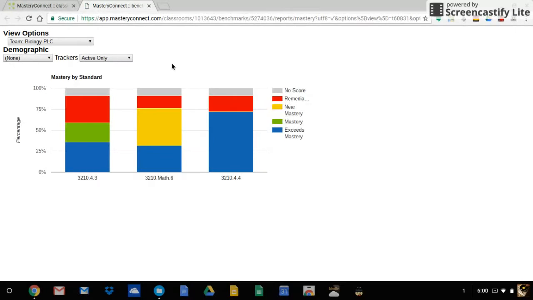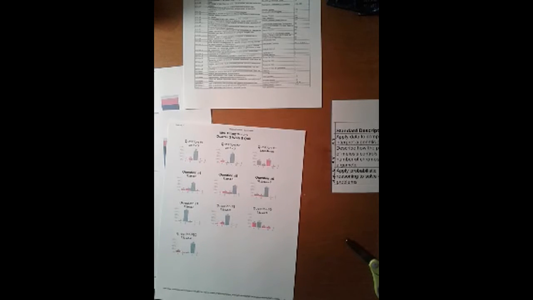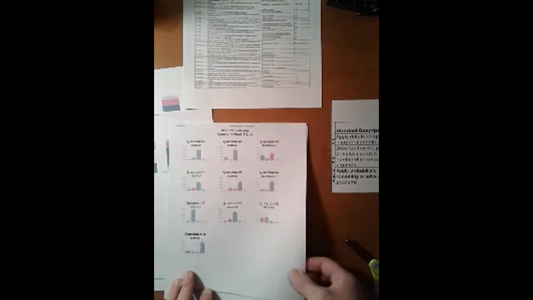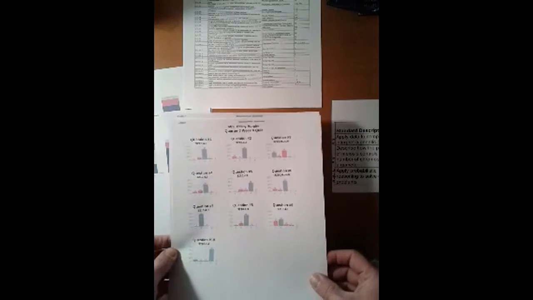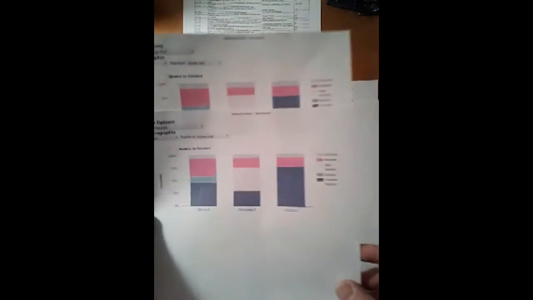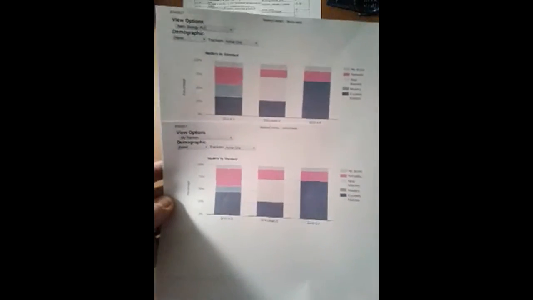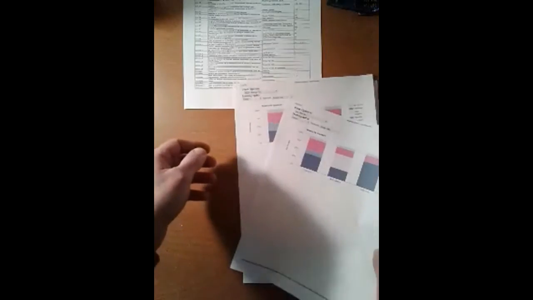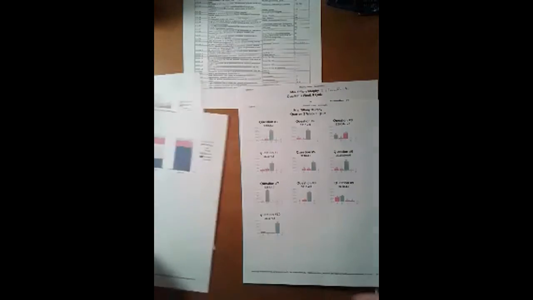You print that out, and then okay, so we have our printouts of the item analysis for the bio team and for Miss Murphy, and also we have the standards mastery for both the whole team and Miss Murphy.